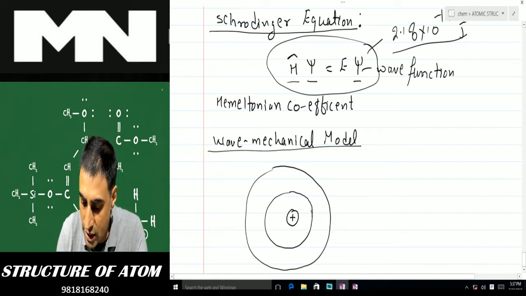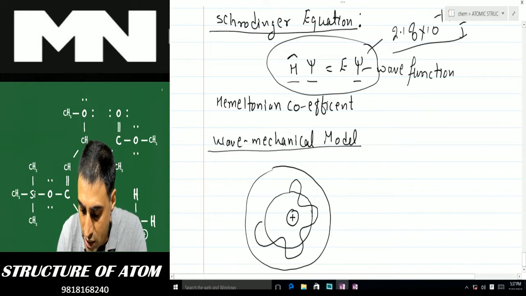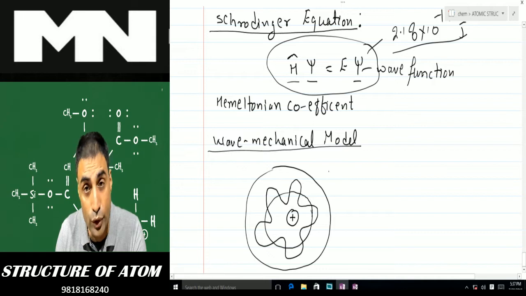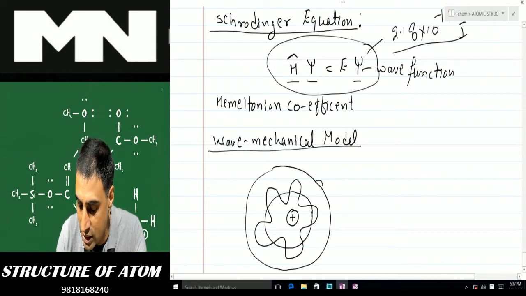So in the first shell, you can see a wave of negative charge moving somewhat like this. If you see the second shell, the wave will be somewhat like this.